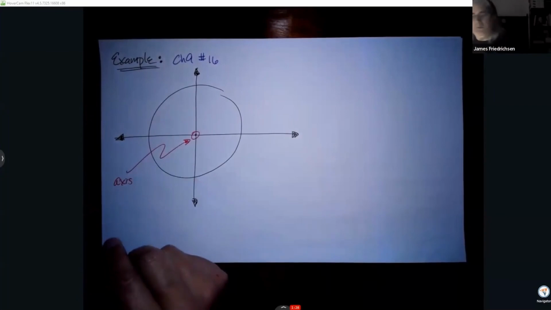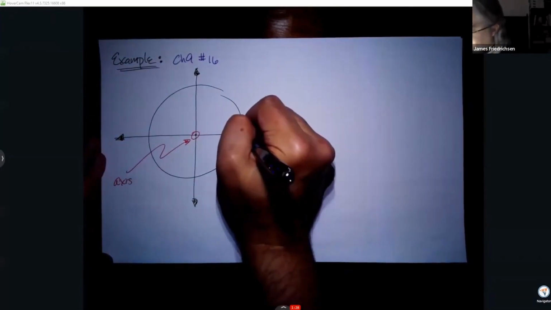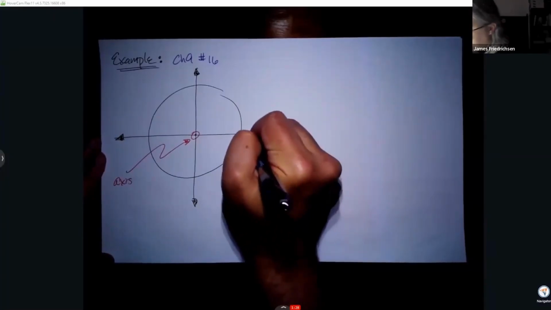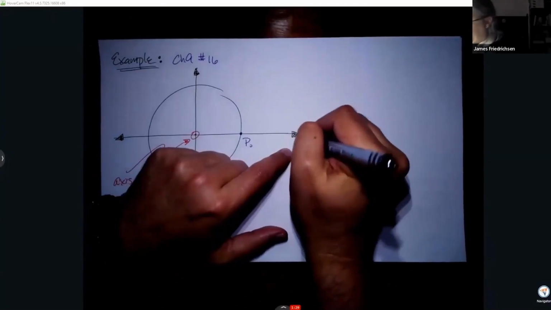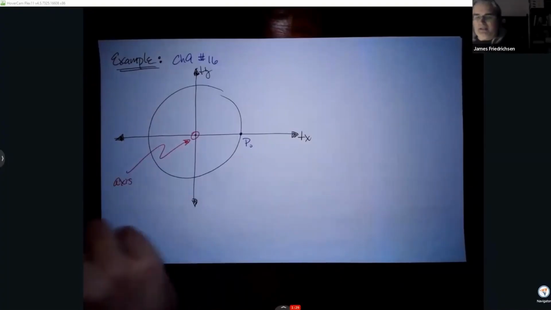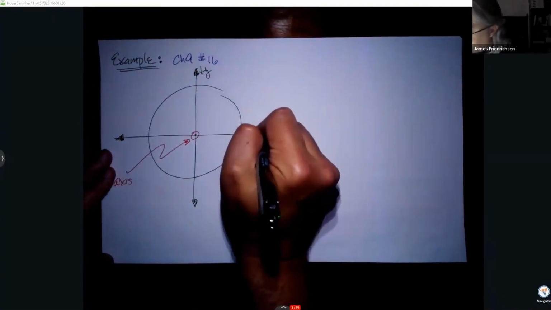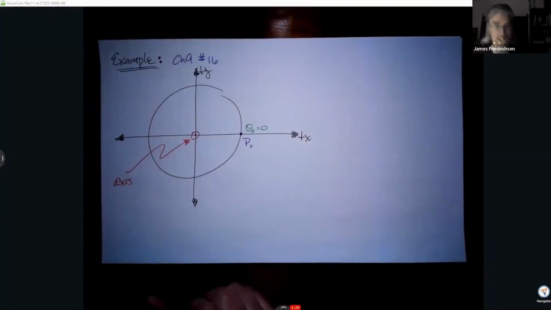And what we're going to do is track a point on the edge of the flywheel. So this will be my initial point. We'll just pick it to be along the plus x axis. So then I can claim that my initial angular position is going to be 0. And it's rotating very, very quickly. So this is a flywheel.